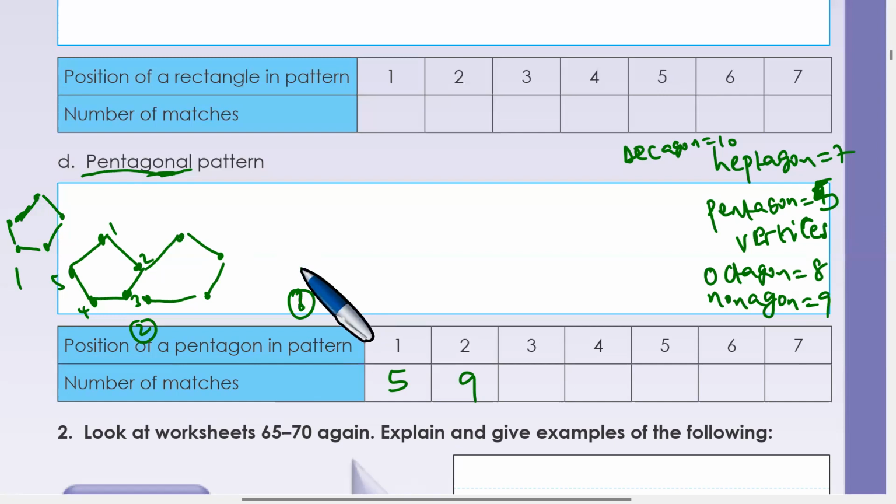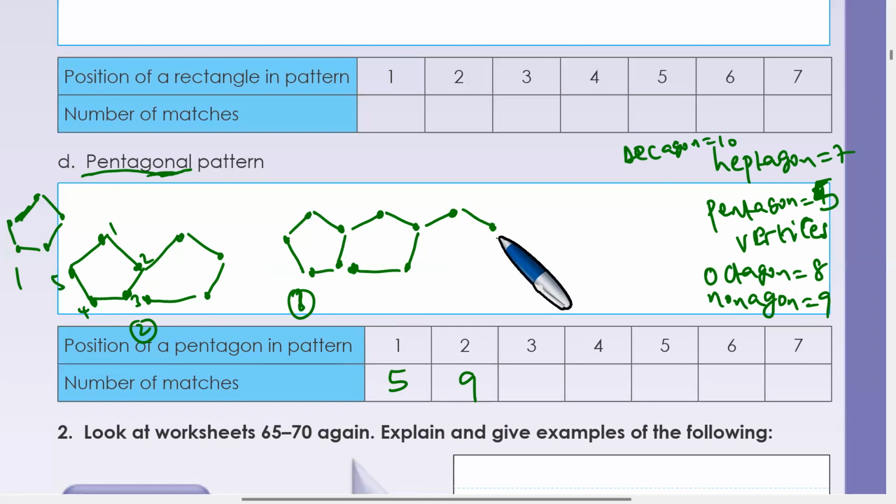So you'd have tail to head, tail to head, and so on. So how many are going to be in the third one? We counted 5, 6, 7, 8, 9, 10, 11, 12, 13.